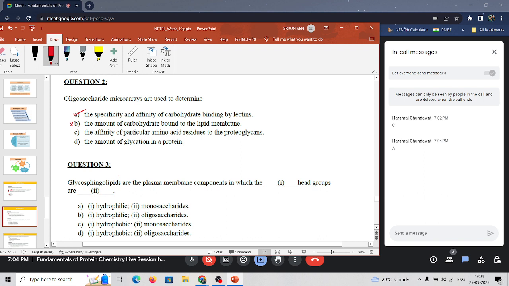The next one, glycosphingolipids. Glycosphingolipids are the plasma membrane components in which the dash head group and R dash. So its hydrophilic or hydrophobic head groups are monosaccharides, oligosaccharides. Which one?